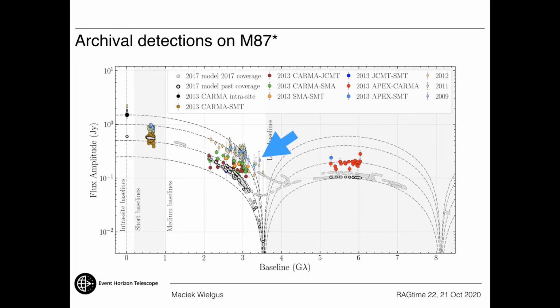But those same points, actually measured in 2011 and 2009, for instance, have much higher amplitudes. They are not very deep in this hole, in this null. They are more than an order of magnitude higher. So again, something had to change structurally. If there was a null in the past, then this null was clearly not at the same location.